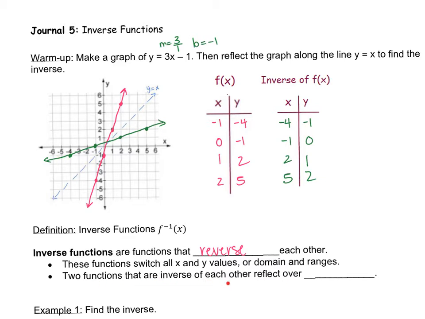So two functions that are inverse of each other reflect over the y equals x line. And so it's not like you would typically think it reflects over the y-axis or the x-axis. It reflects over y equals x. And there's a reason behind it. It's because we use this equation to reflect on because the x and y's are switched.